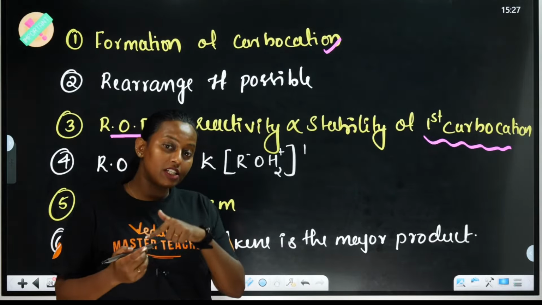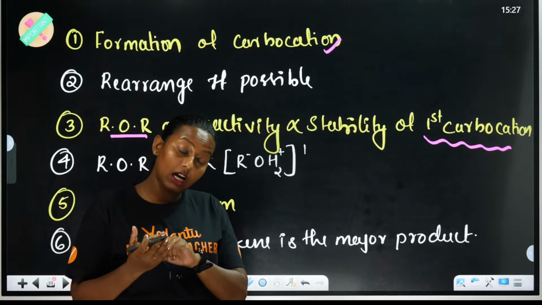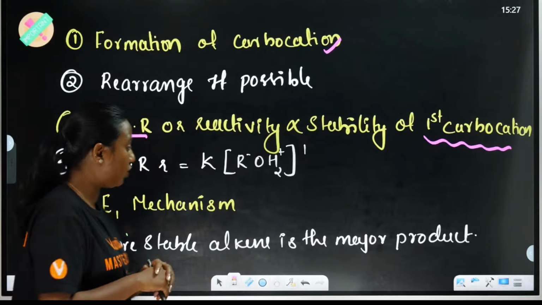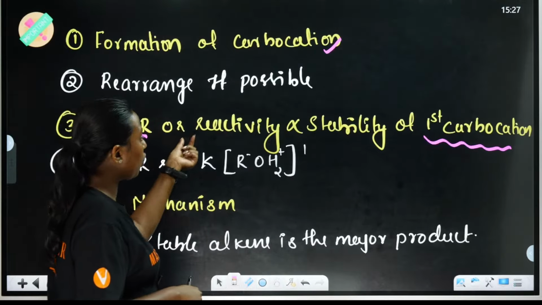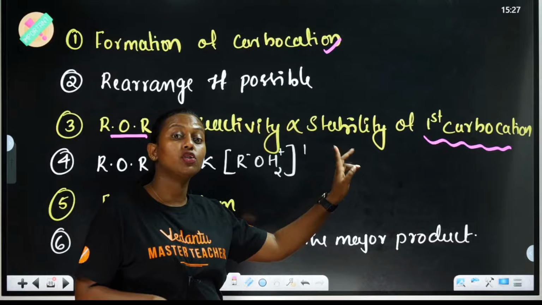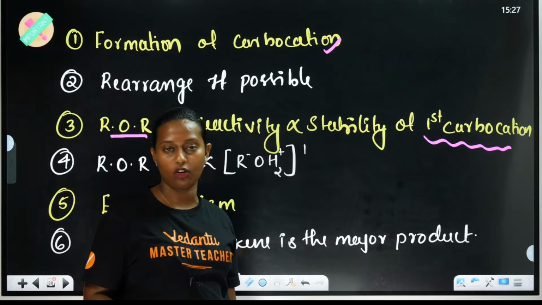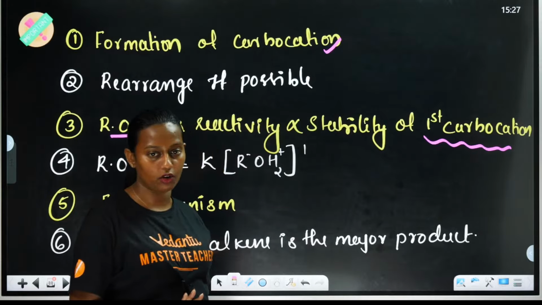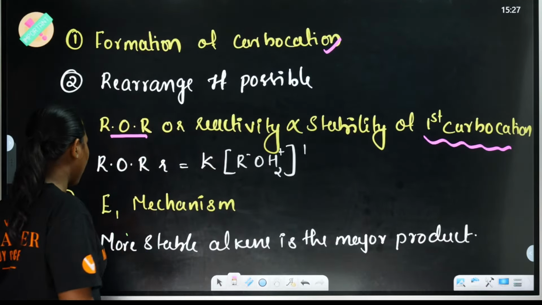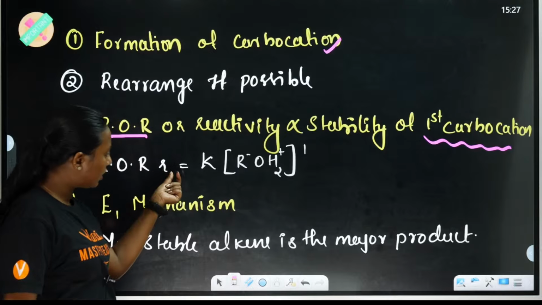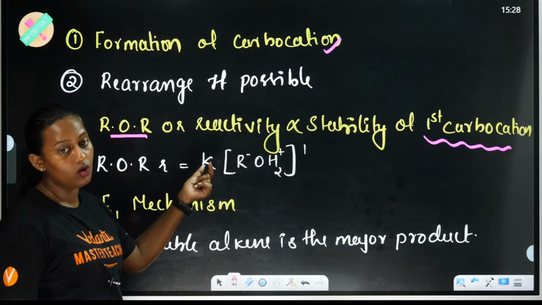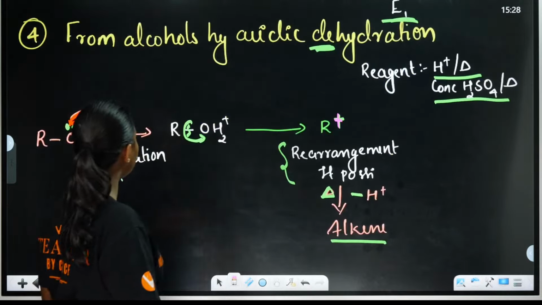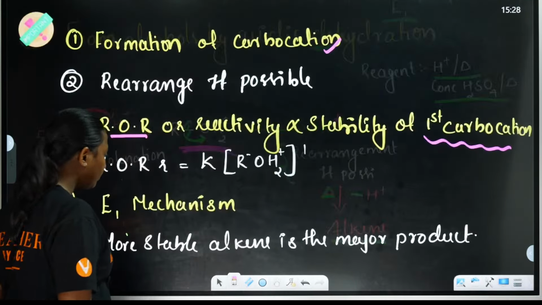So there are two carbocations. The rate depends on the first carbocation, before rearrangement, not on the second. So rate of reaction is equal to K into concentration of R minus this step.